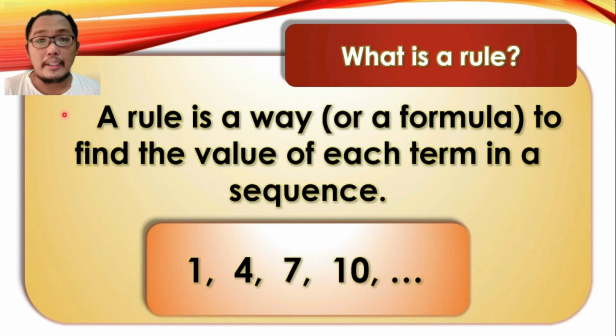And just to give you one example, here we have a pattern which is a sequence in today's lesson, for which you will notice that the next number is defined by adding a certain number to the previous number. In this case, we have our 1 here as the previous number, and if we add a 3 to 1, this gives us the next number 4.